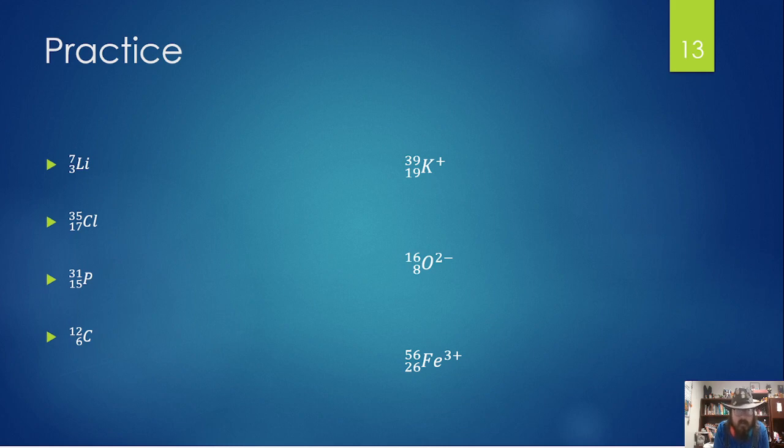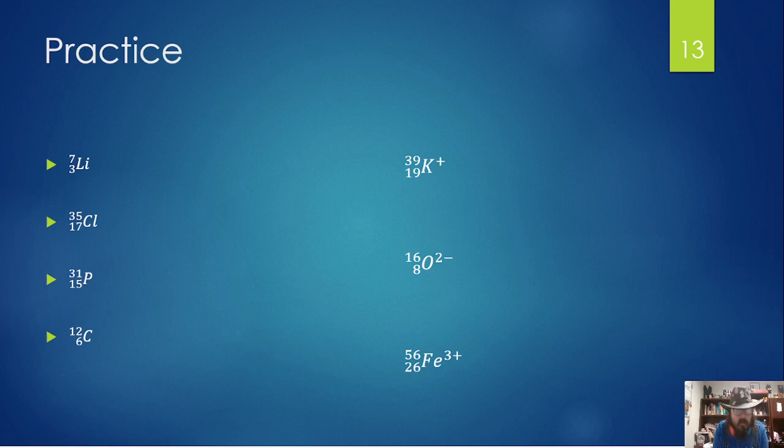The number of electrons must also be 3. The number of neutrons is the difference between the mass number and the atomic number. So we have 3 protons, the mass is 7, so it must have 4 neutrons.